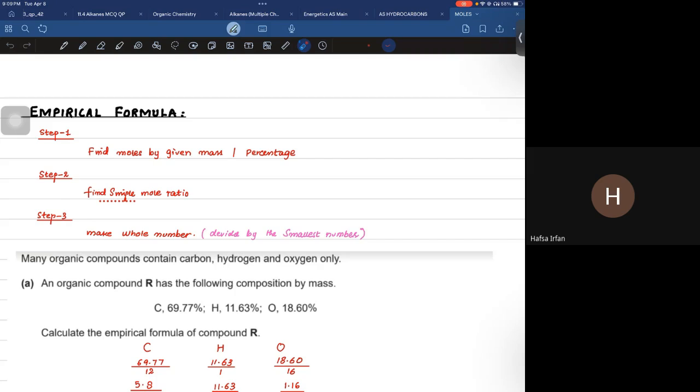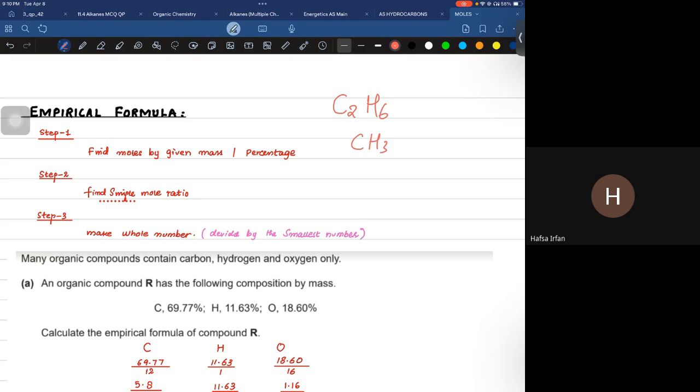Let's suppose this is the formula for ethane, C2H6. Can you tell me the empirical formula? Of course, yes. Empirical formula would be CH3. What I did, I have divided the formula by 2.